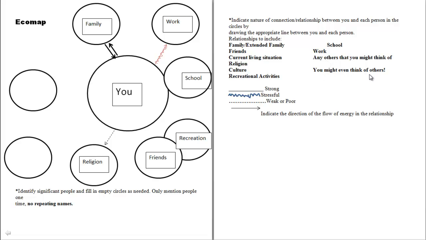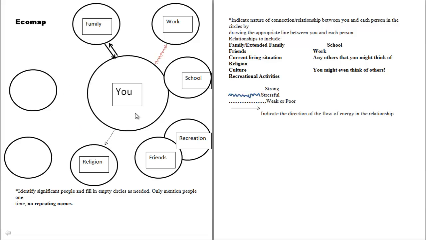Or you might even think of other things. You then use lines to depict the flow of energy or the quality of the relationship between you, the center of your universe, remember, and these satellite things that are in your solar system.